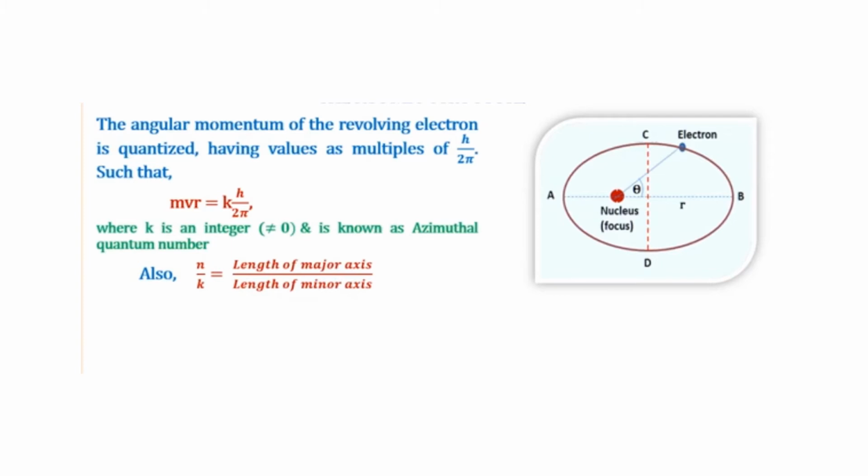Sommerfeld also proposed that n by k is equal to the length of the major axis by the length of the minor axis. That is, the principal quantum number n corresponds to the major axis, and the ratio of the major axis to the minor axis is a fixed value.